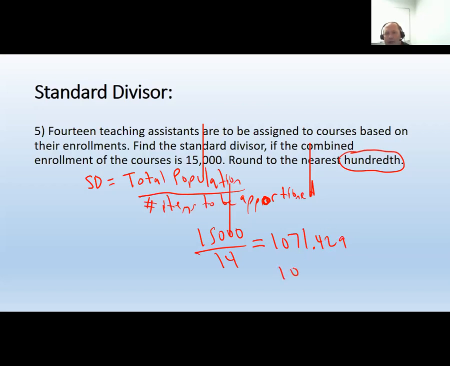So this is going to be 1,071.43 would be our standard divisor rounded to the nearest hundredth. So there's a formula for this standard divisor. All right, does anybody have any questions?